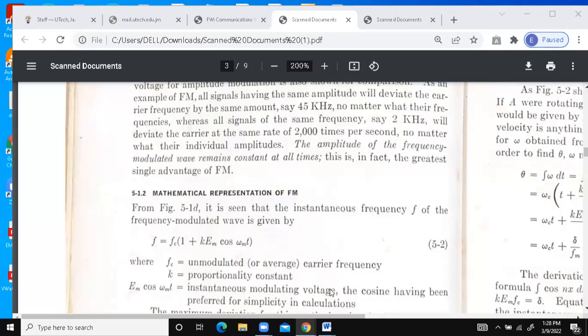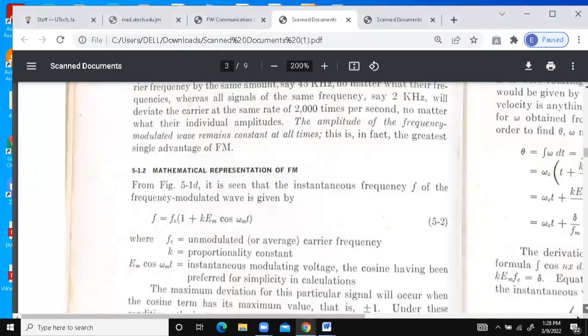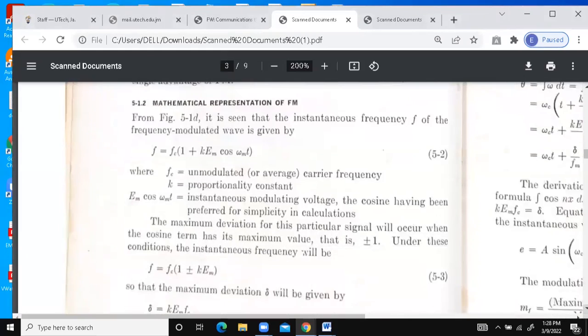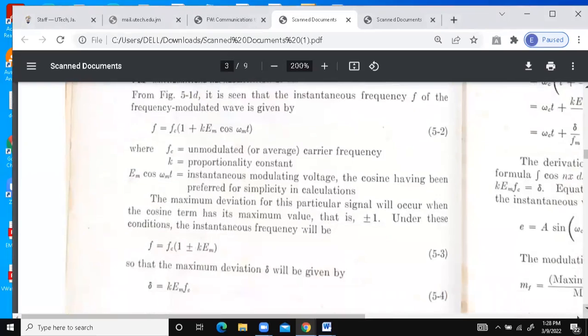Again, we could have the current instead, which would have Im. And the sinusoidal is just the simplest signal to work with. So here, alpha, which is your maximum deviation, as shown by the plot above, is given by this.